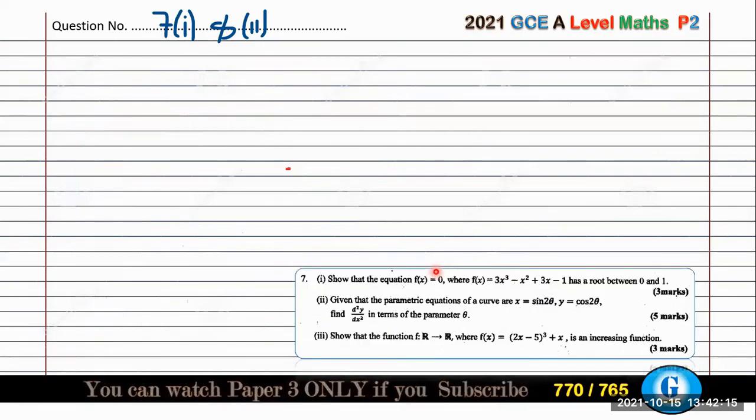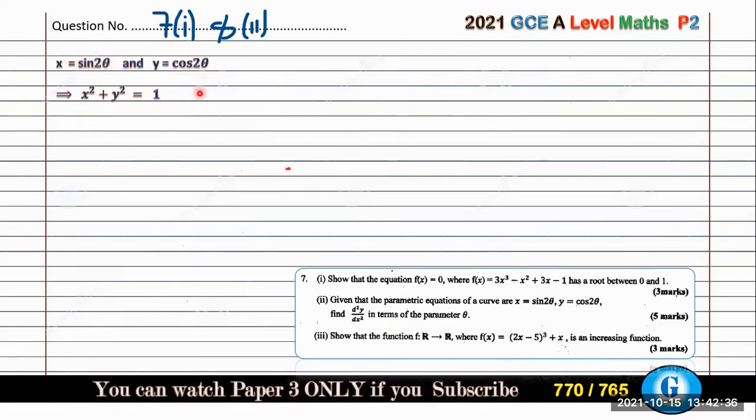Alternatively, we know that we can convert this. This is like the equation of a circle with radius 1. We know that x is equal to sine 2 theta and y is equal to cos 2 theta. If we square both sides, we will see that x squared plus y squared is equal to 1, because sine squared plus cos squared is equal to 1.